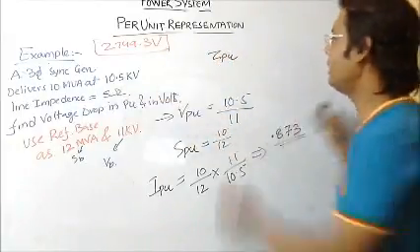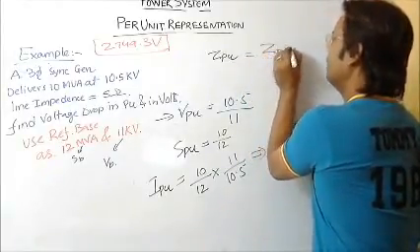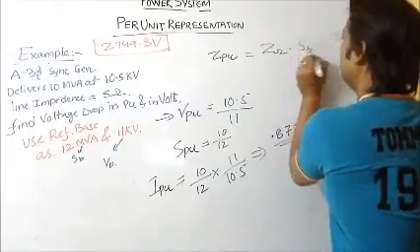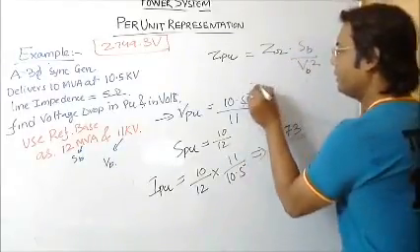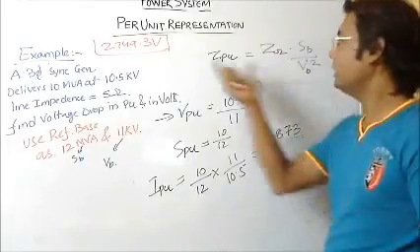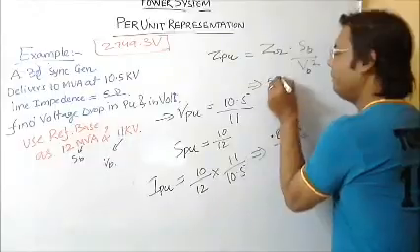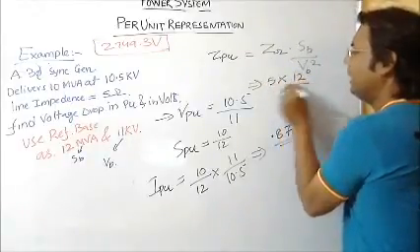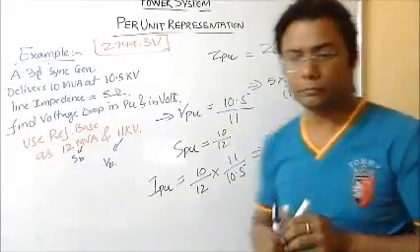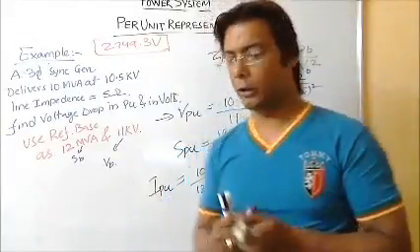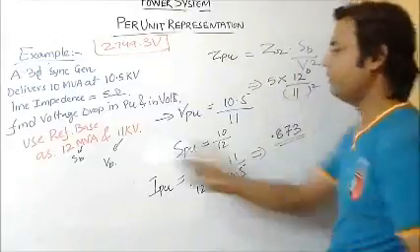Z per unit for this will be equal to the 5 ohm multiplied by SB upon VB square. So the Z per unit on the new base, which will be 12 MVA, is 5 multiplied by SB, which is 12, and VB is 11 squared. Sorry, this is 11 now, not 10.5.